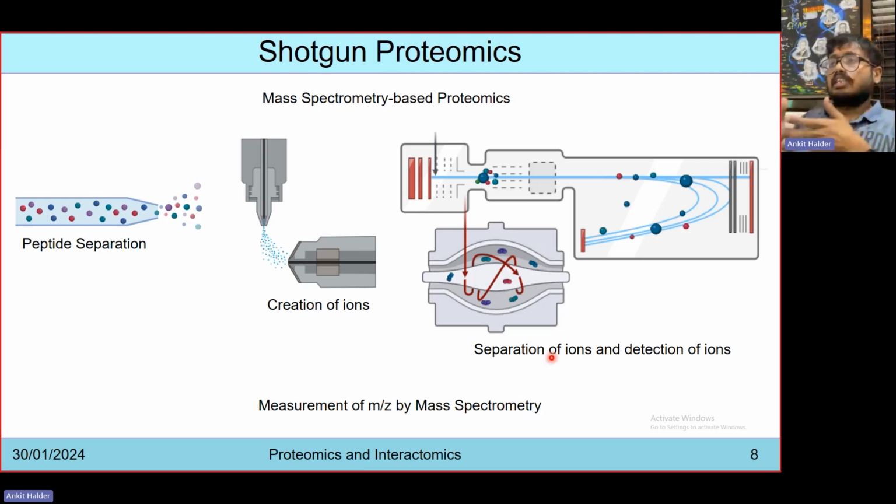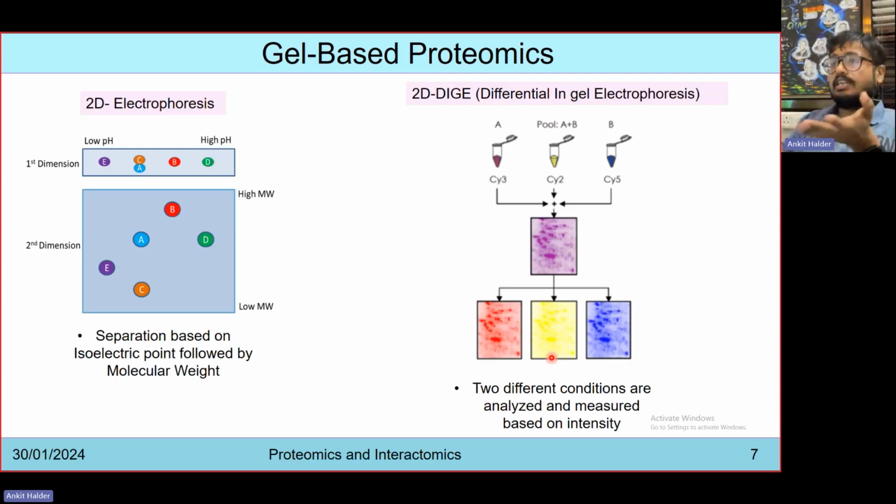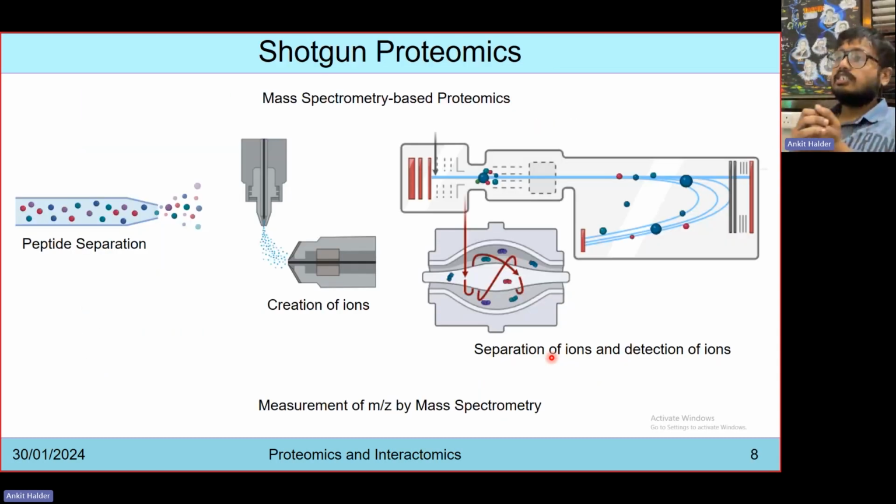Now, after gel-based proteomics, the approach mostly used in the field, which is very helpful to get maximum coverage and identify a huge number of proteins, has finally contributed not only to the human proteome map but also to different organ maps like the human heart proteome map or the human brain proteome map.